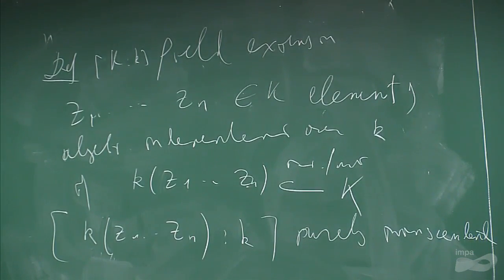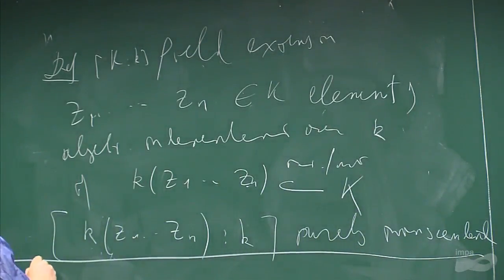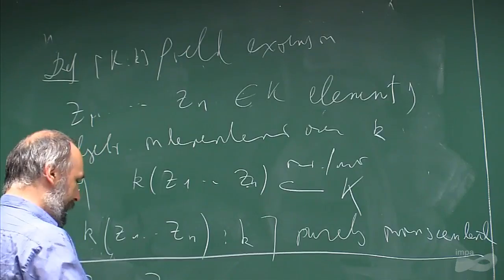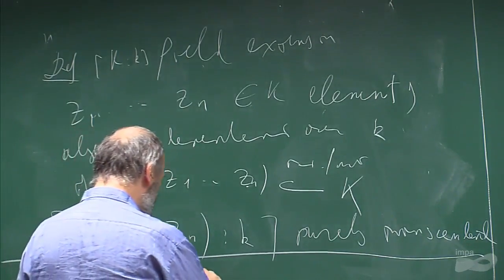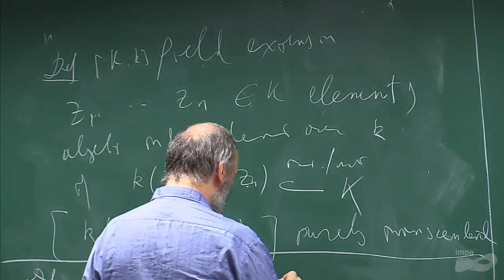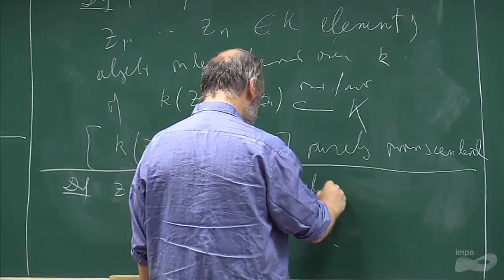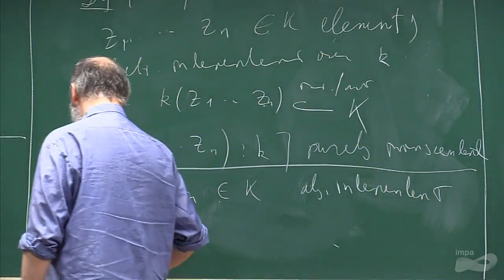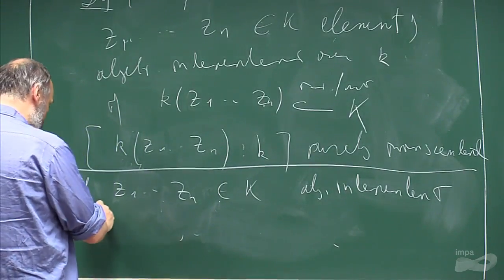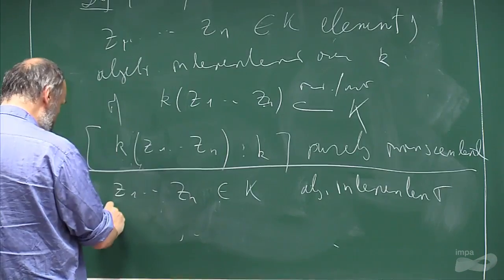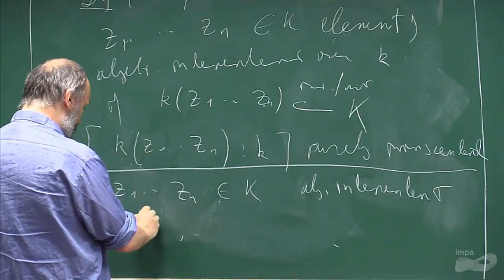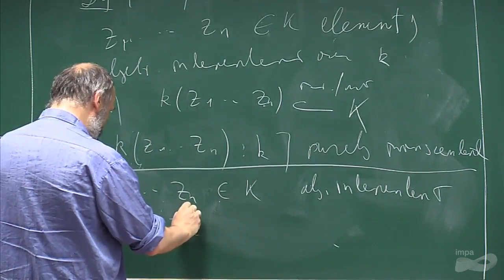Okay. Now transcendence basis. It's an important notion. So, definition: you have z1 dot zn. I can have infinitely many, but let's keep it finite. Inside the k big, algebraically independent, and then suppose that k big over the k small of rational functions z1 dot zn is algebraic.